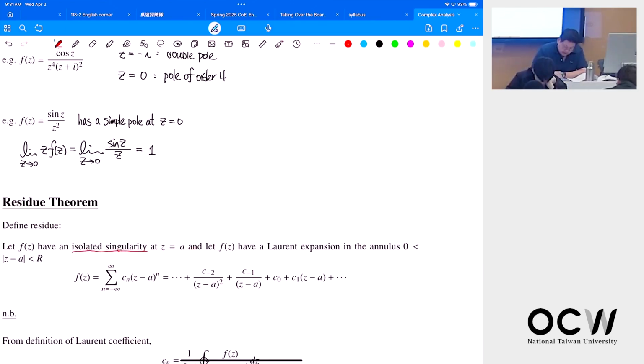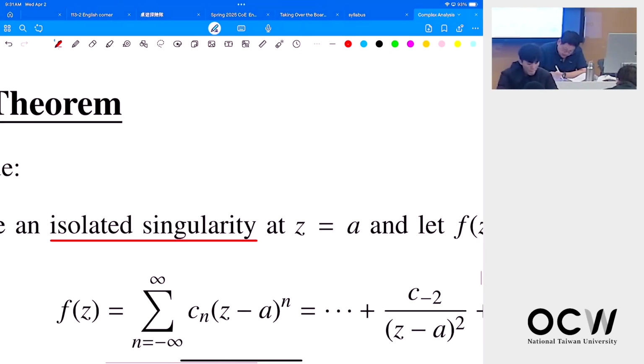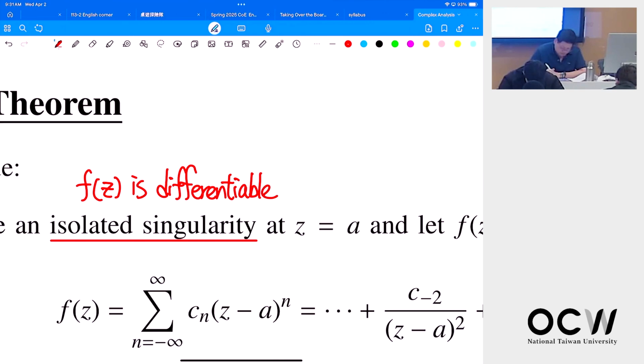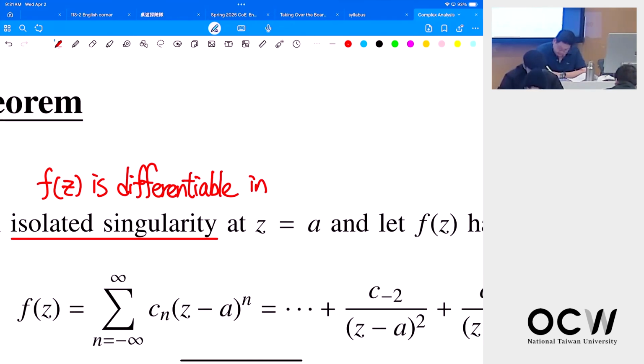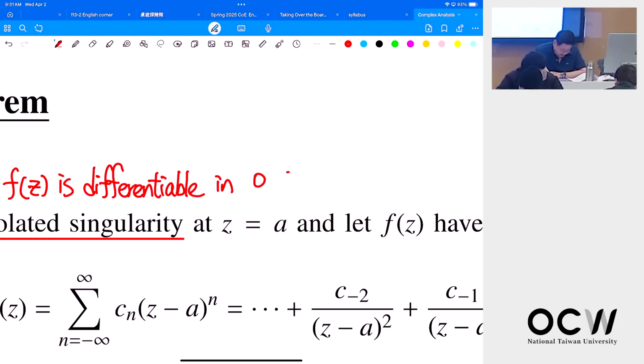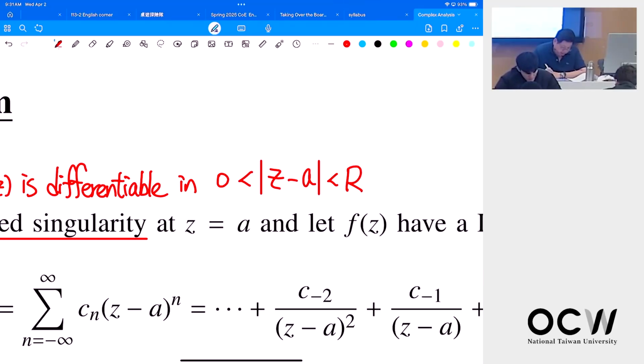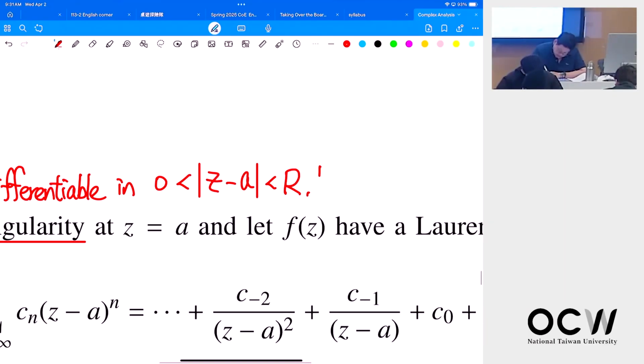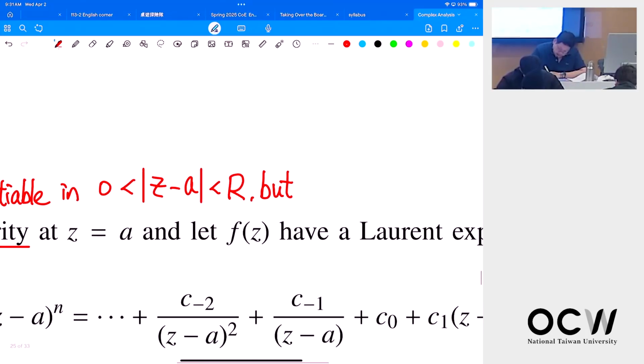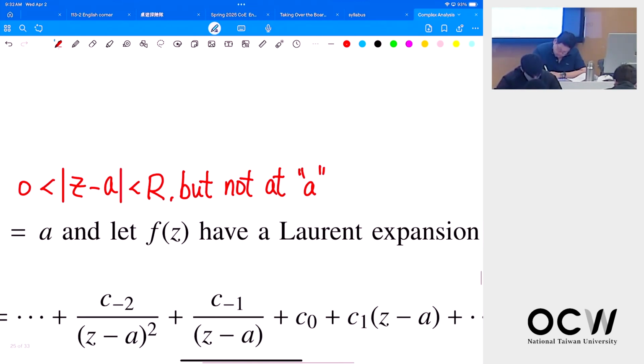Isolated singularity means f of z is differentiable in this certain region, except at z equals a itself.